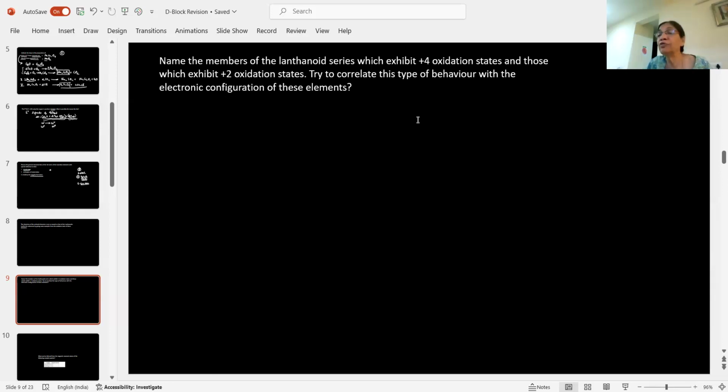They will give you names and atomic numbers of certain elements, and ask which of the following will exhibit stable +4 oxidation state and which will exhibit +2. You are not expected to learn the names of all the lanthanides by heart. You need to know only a few important lanthanoids, which I will show you.